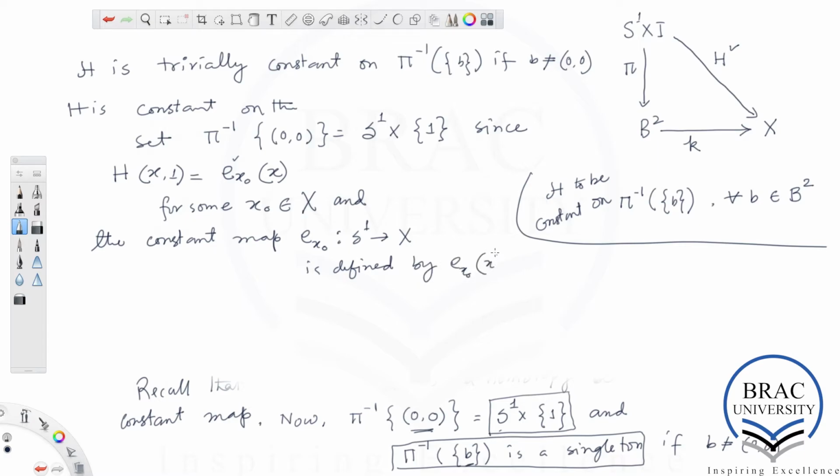E sub x0 at x is simply equal to x0. This is how we define that constant map, and H at (x, 1) is just that constant map evaluated at x. Okay, so that H is indeed constant here. So we are good to apply theorem 2, right?